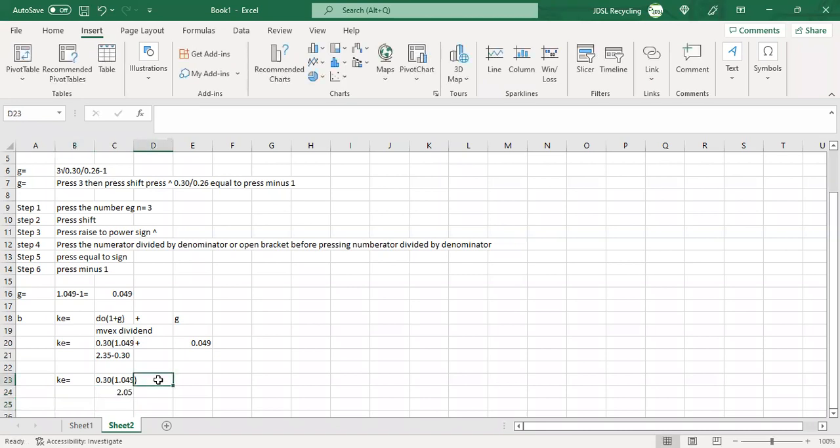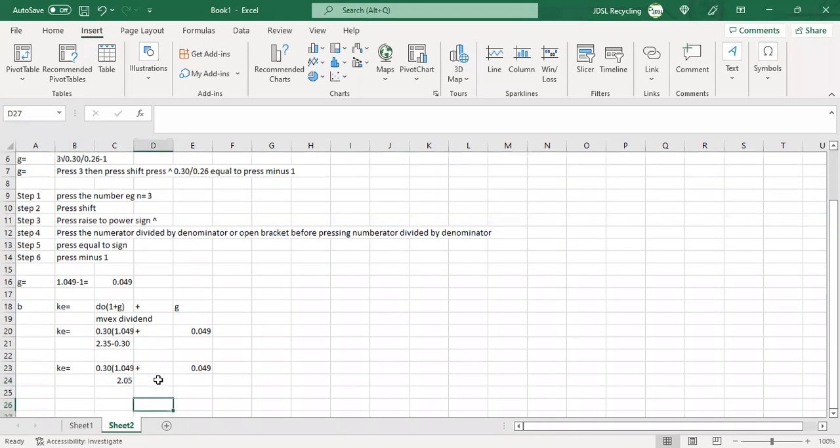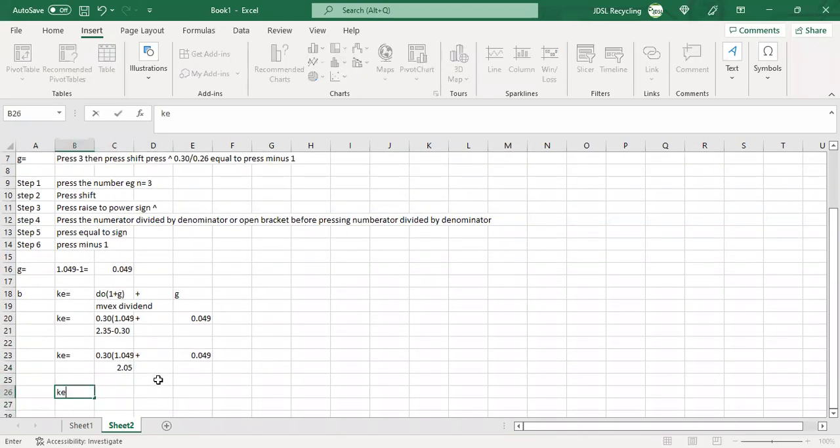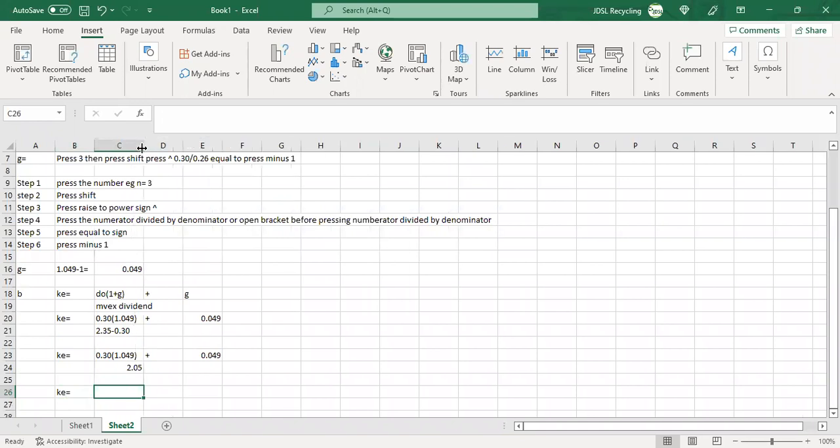So plus growth 0.049. So what is the final answer here? Cost of equity will be what? KE will now be equal to 0.203, 0.314.